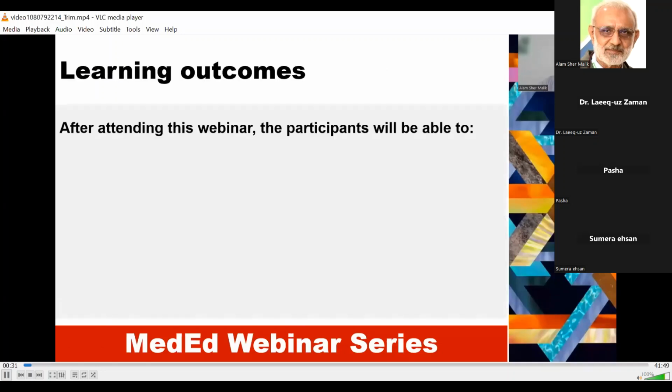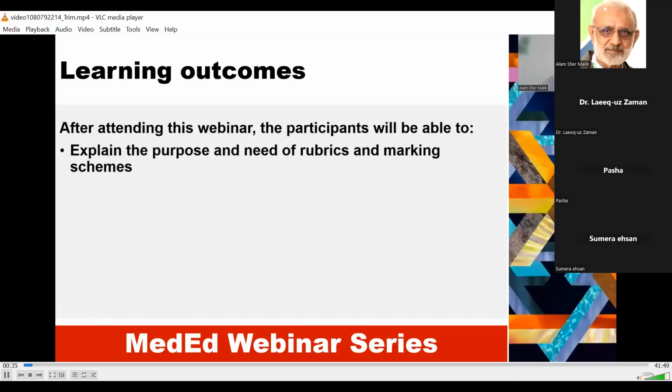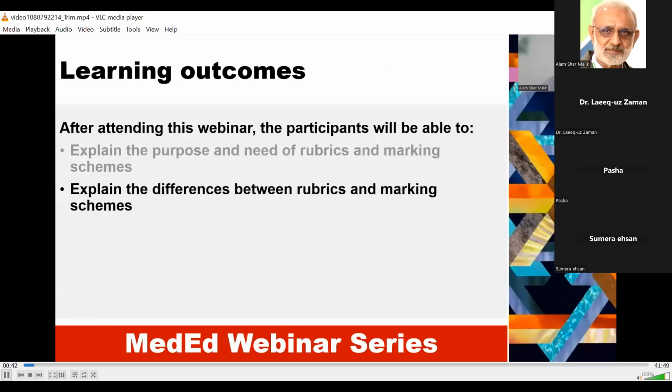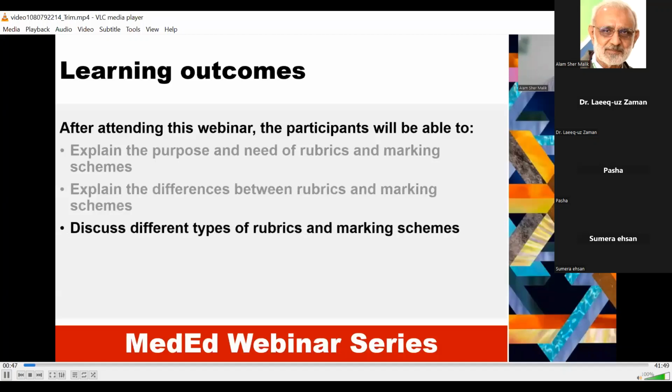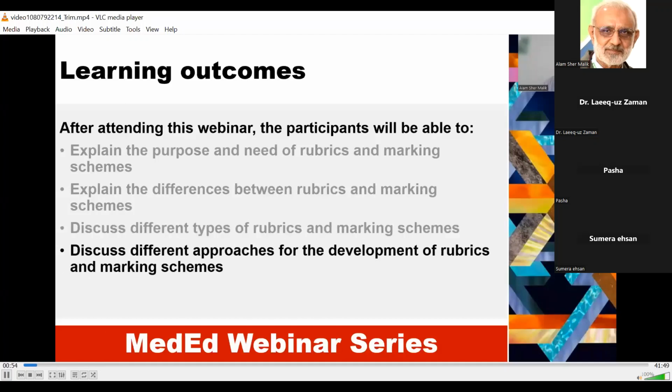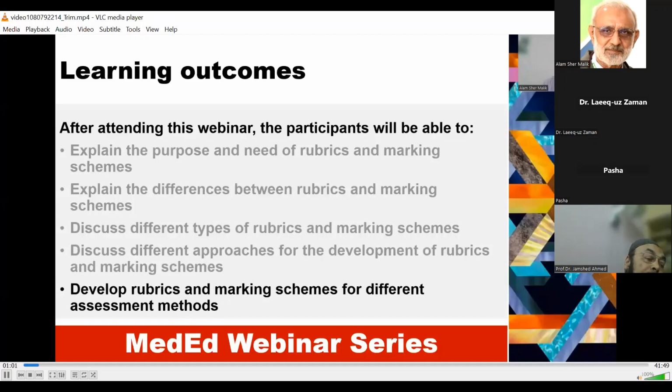The learning outcomes for today's session: the participants will be able to explain the purpose and need of rubrics and marking schemes, explain the differences between rubrics and marking schemes, discuss different types of rubrics and marking schemes, discuss different approaches for the development of rubrics and marking schemes, and finally, develop rubrics and marking schemes for different assessment methods.